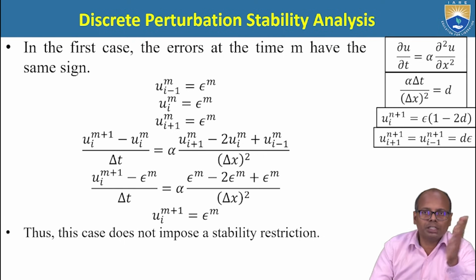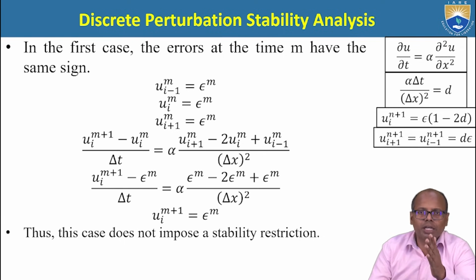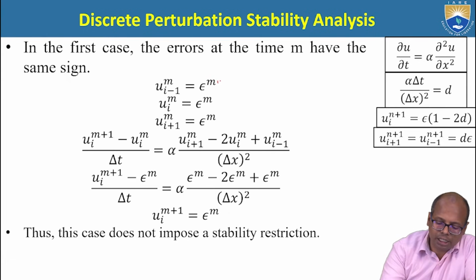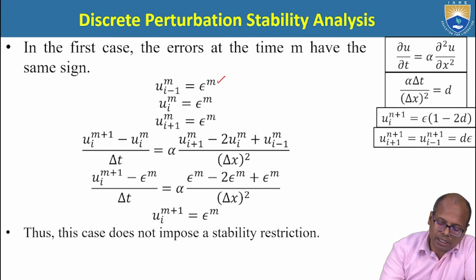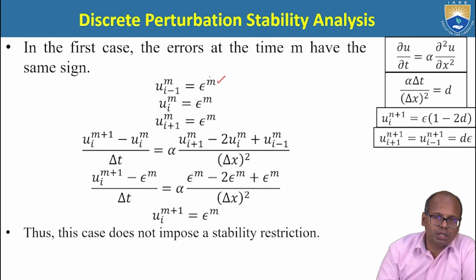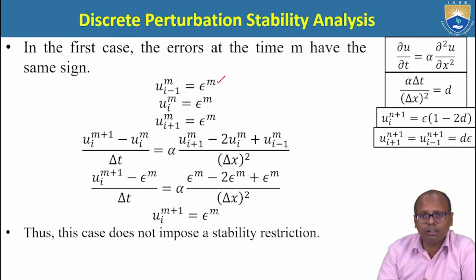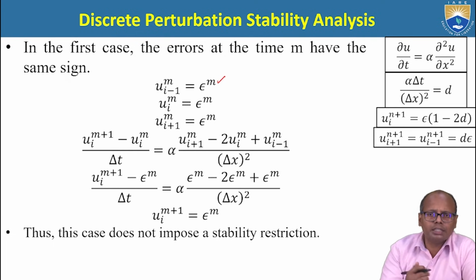So we have reached up to a time m where the magnitude of the error is same. The error is epsilon power m. Okay, at time m the error is same for all the nodes, but in the first case the sign is also same.